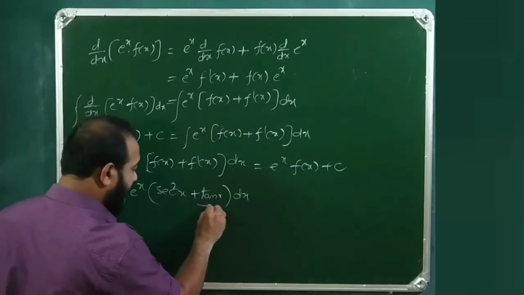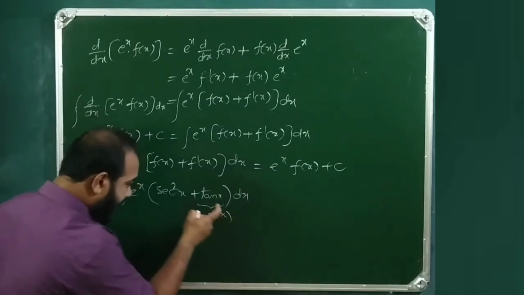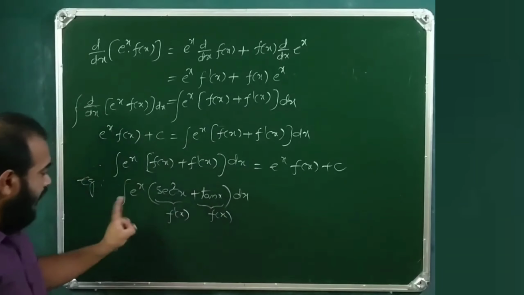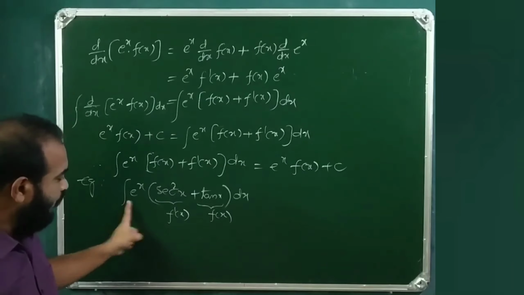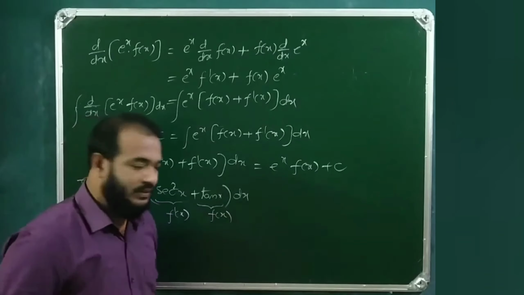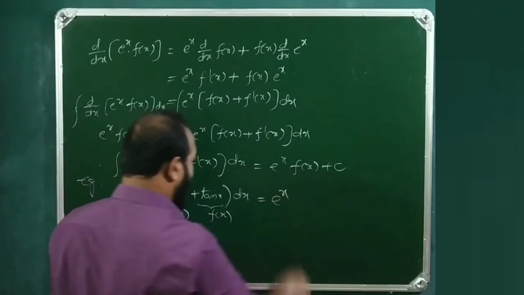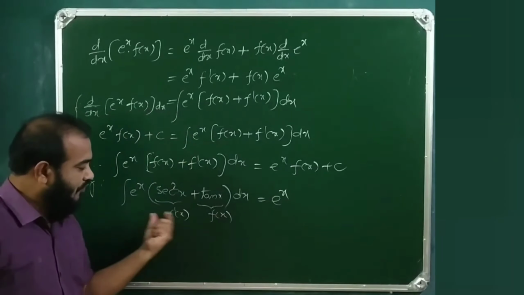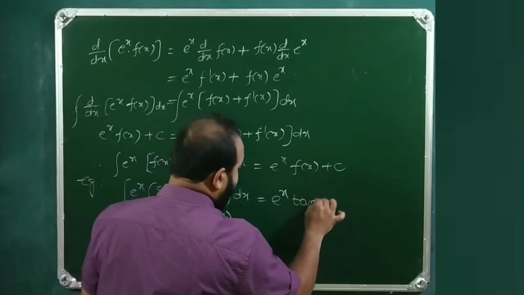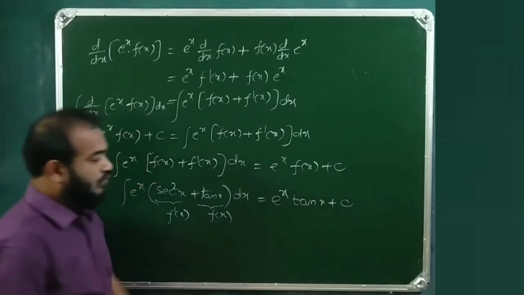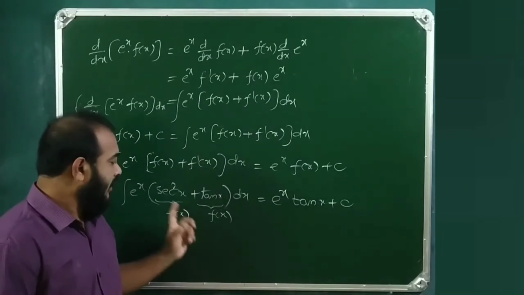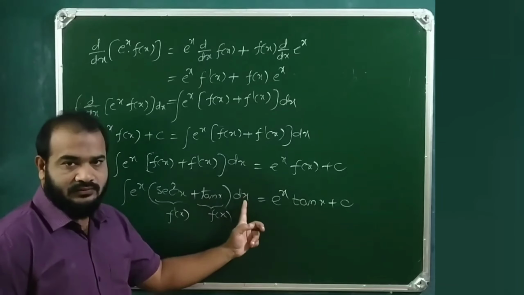Therefore this is f of x and its derivative is f dash x. Now it is of the form integral e power x into f of x plus f dash x dx, and the formula gives e power x into f of x plus c. So what is f of x in this? This. So e power x into tan x plus c. In this way we will find the integral of this.